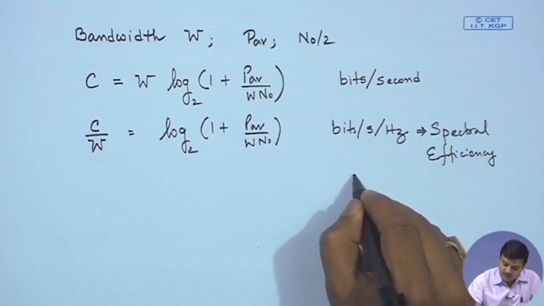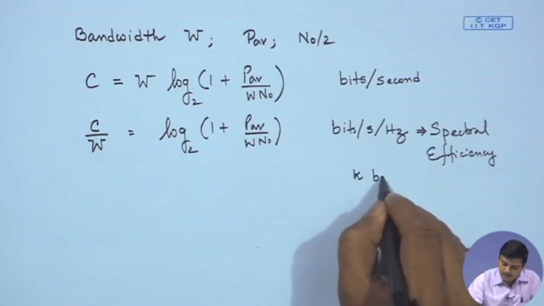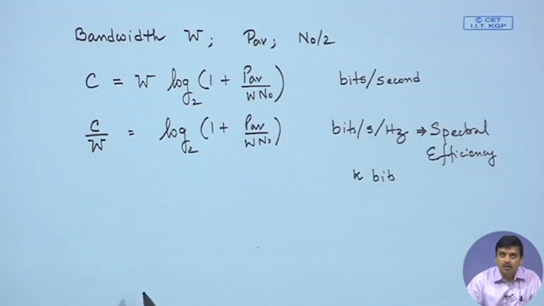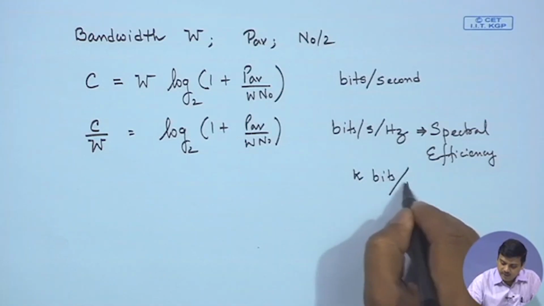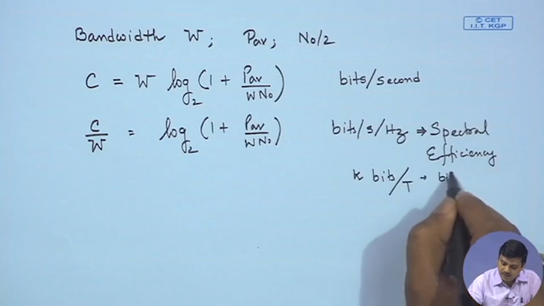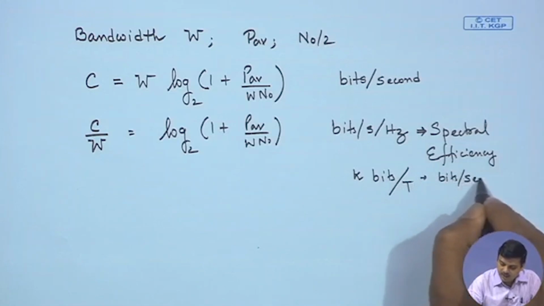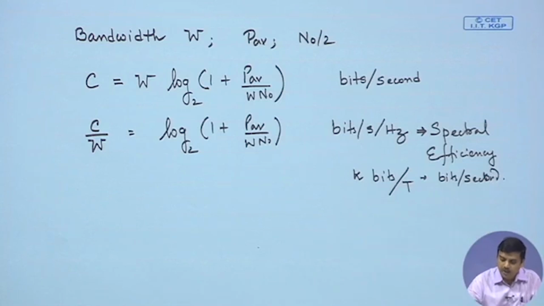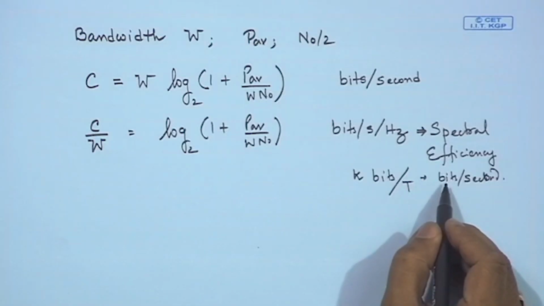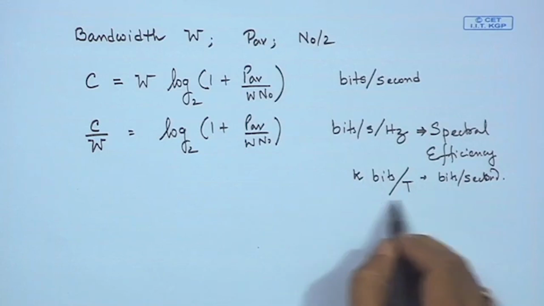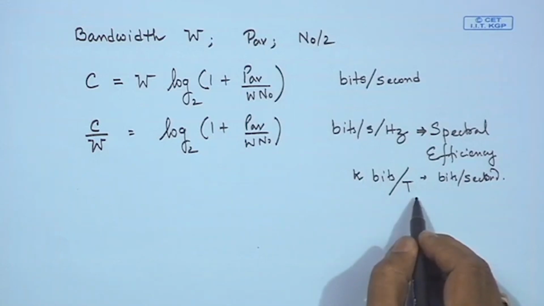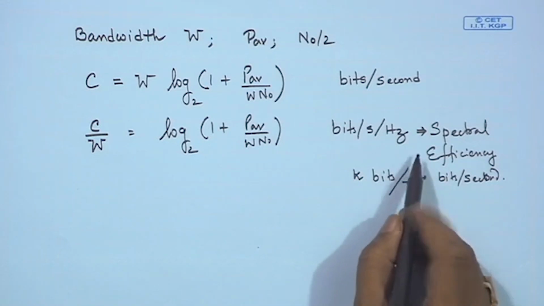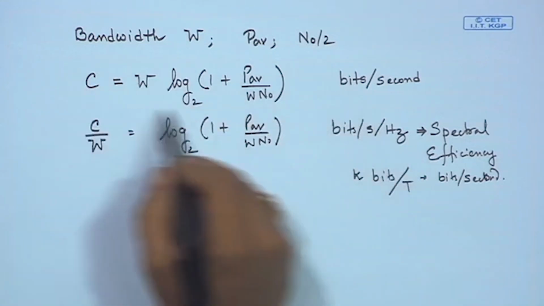We had seen k bits earlier, and when divided by T we had bits per second, and of course, divided by W, the bandwidth, would give bits per second per hertz. We can compare the performance of the different digital modulation techniques, or given a W you could compare bits per second.